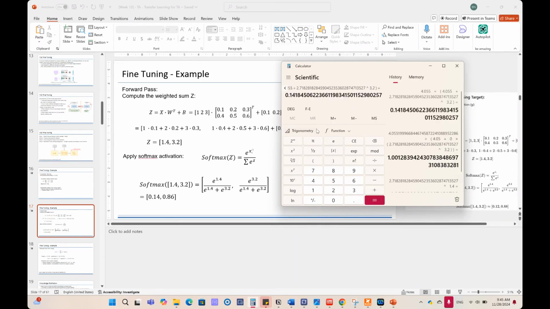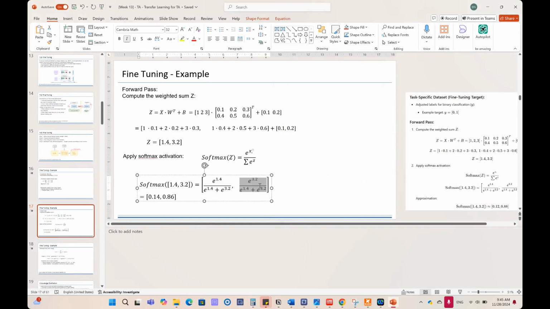Okay, so we get the value 0.14. Okay, so let me just use 0.14. So you can use also the same with the second cell. This is e power 3.2 divided by e power 1.4 plus e power 3.2. So the result will be this value. Okay.